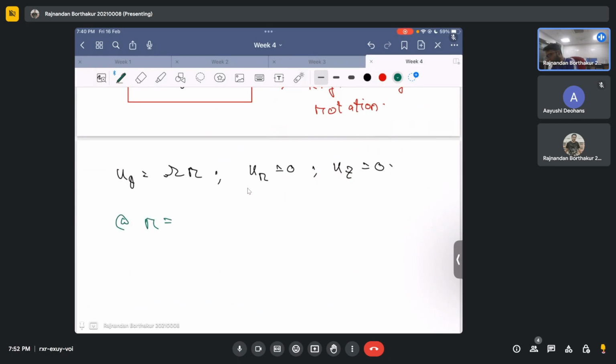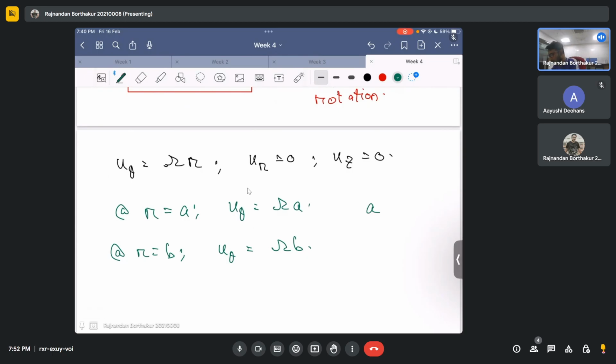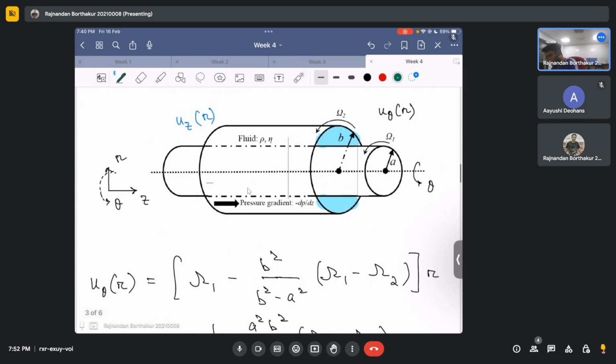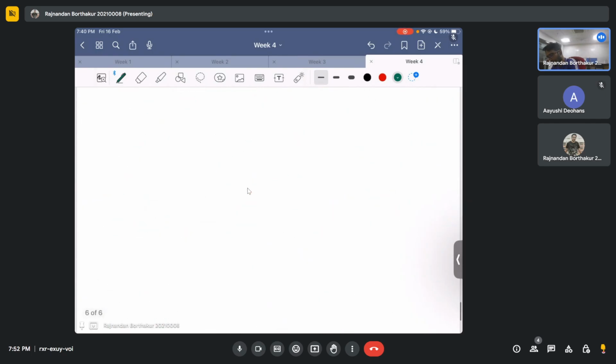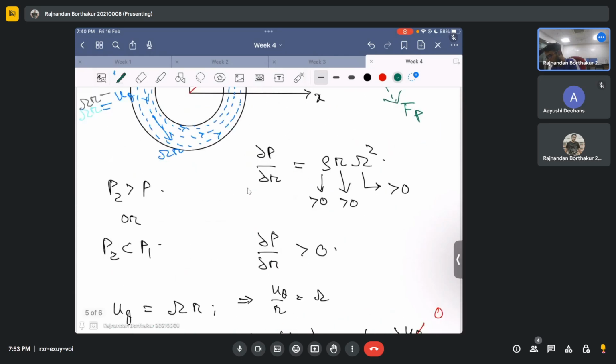Let's say at r equals a, u theta is omega times a, and at r equals b, u theta becomes omega times b. a is the radius of the inner cylinder. Since a is less than b, u theta at a would obviously be less than u theta at b.